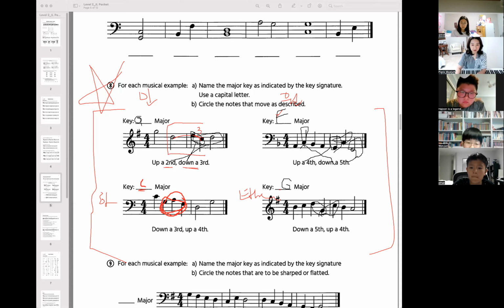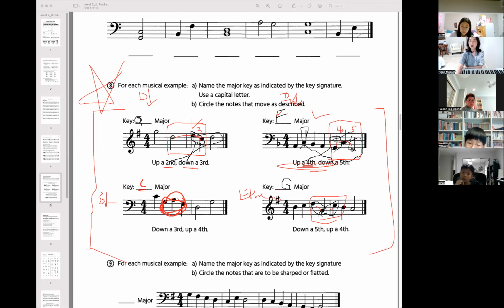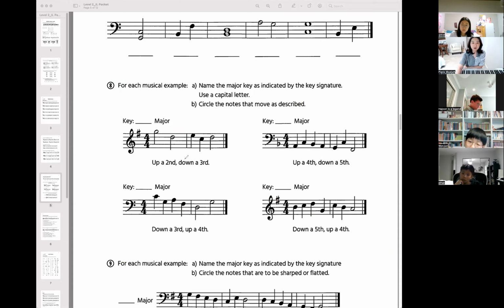So this one should be like this. Okay? Then, you cannot just draw like this. Up a fourth. This is up a fourth, and down a fifth is from here to here. 4 and 5. So this whole thing goes like this. That's how you have to find it. Do it again. The rest of you guys, this is okay. This is right, and this is okay too. Good job. So only these two are wrong. Be careful with this. Alright?